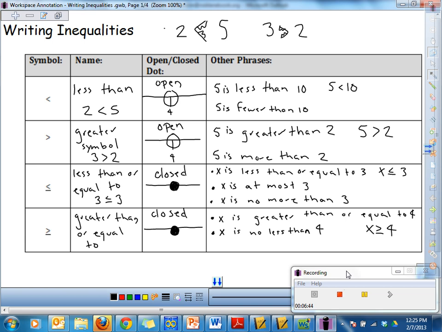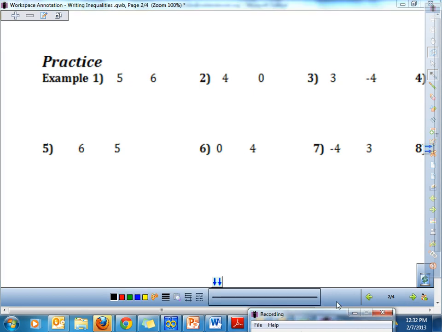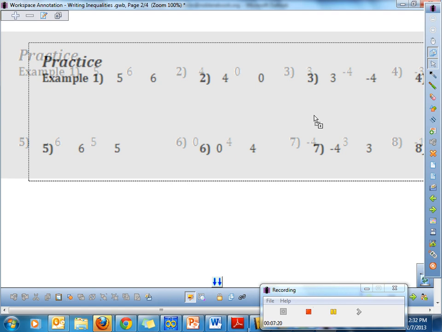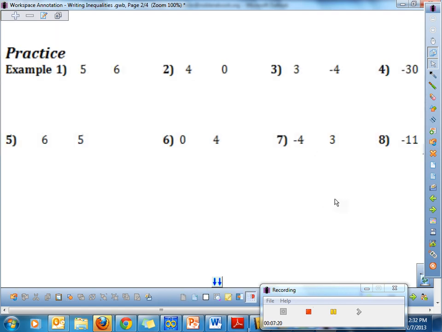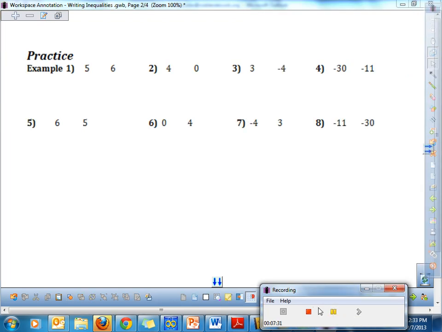So let's do a couple of examples. First thing I want you guys to do is take a minute, pause the video, and right now go through and try to add in inequality symbols between these numbers. So I'll do the first one with you.